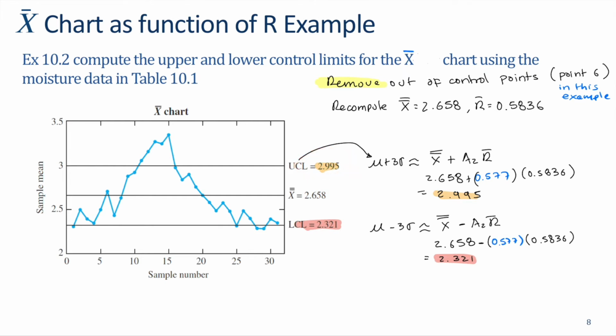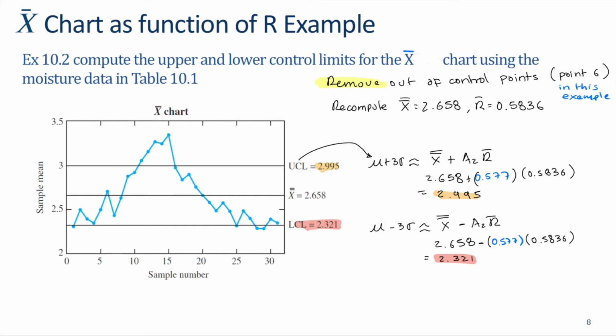Now, the lower control limit is mu minus 3 sigma, which is approximated with X double bar minus A2 multiplied by R bar. So the main difference is the negative sign, and the value is 2.321.